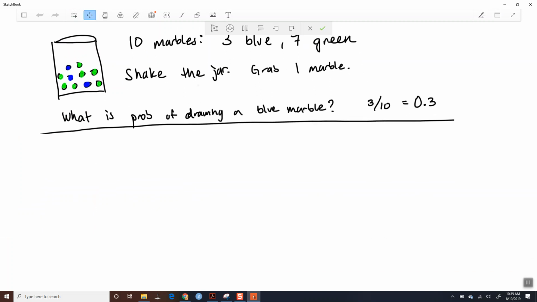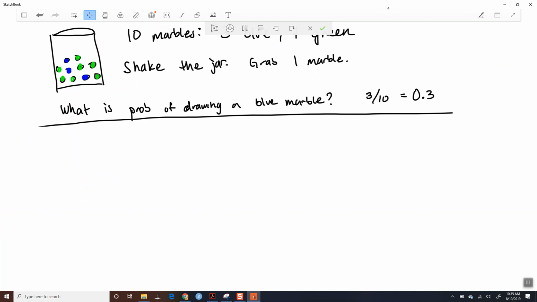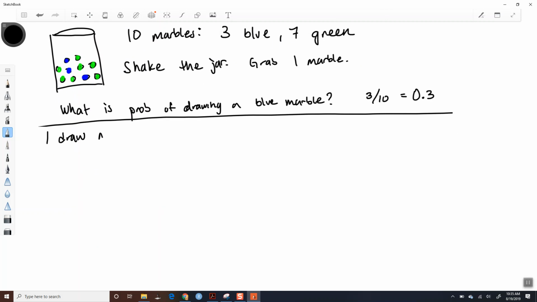Let's say I draw marbles with replacement, which means I'll draw a marble, I'll look at it, and then I put it back in, so there's always 10 marbles in the jar.